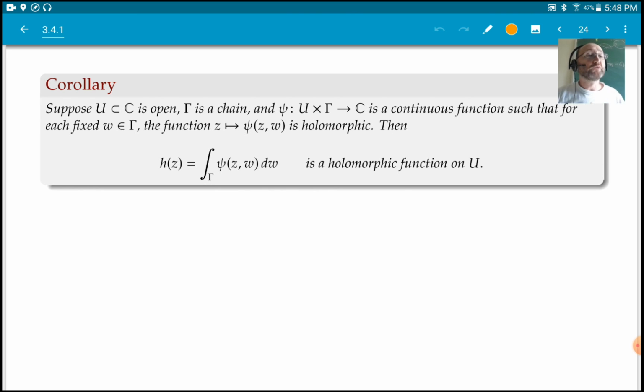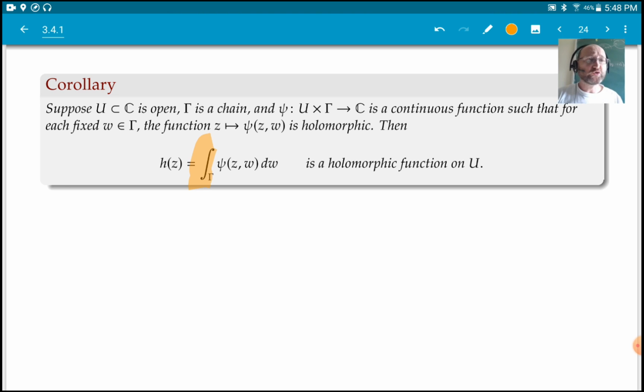All right. So let's write down a quick corollary. It didn't have to be 0 to 1. Something that actually comes up often in one variable complex analysis, as we've clearly seen, is integrating over a path, right?